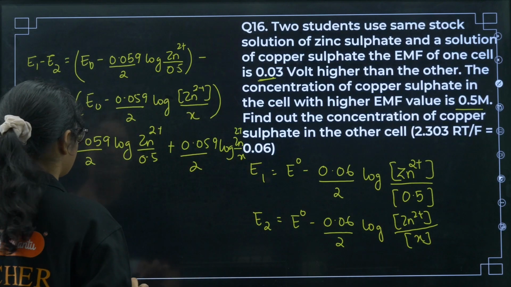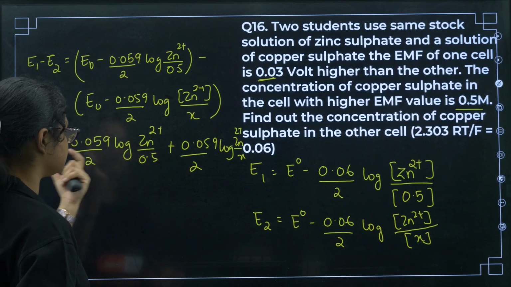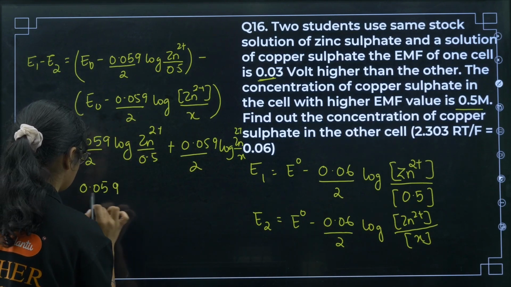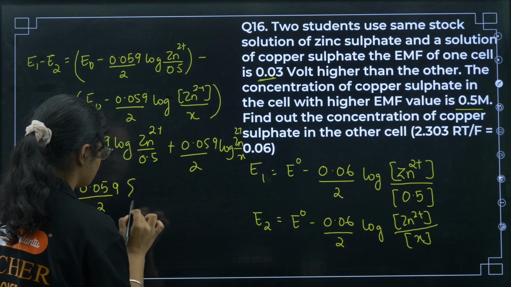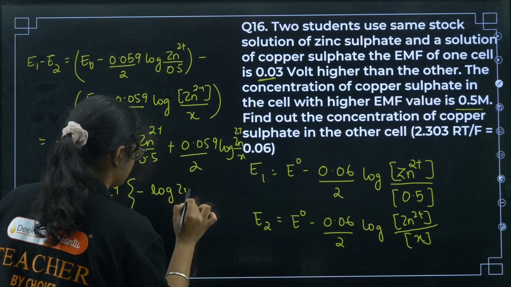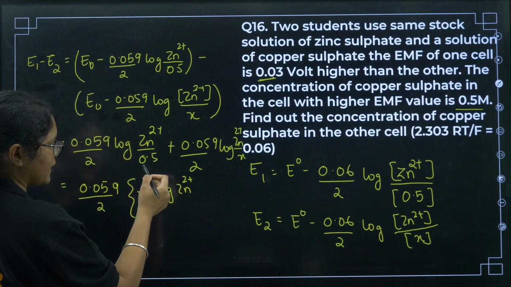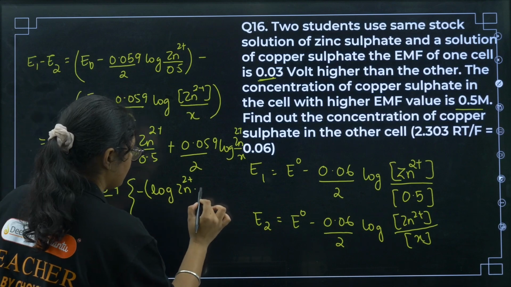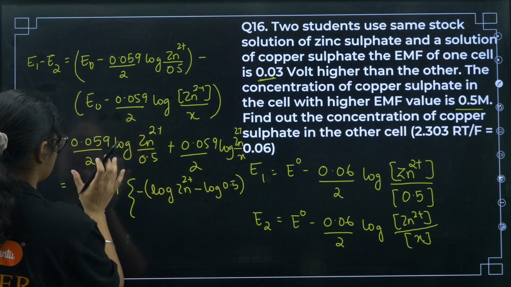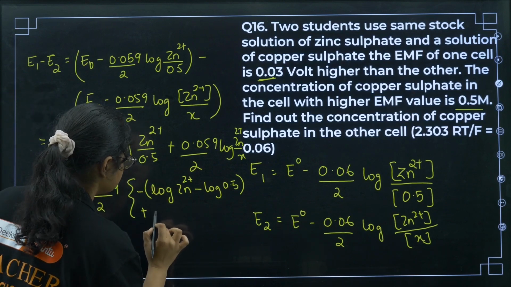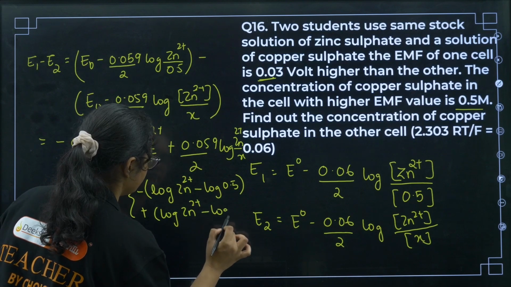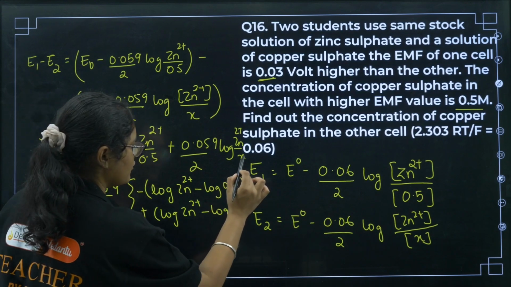Now I'll take this 0.059 by 2 out common. Now here what I have is minus log of Zn2 plus, and log A minus log B, so this is minus log of 0.5. Then I have plus log of Zn2 plus minus log of x. I hope you are getting this one.